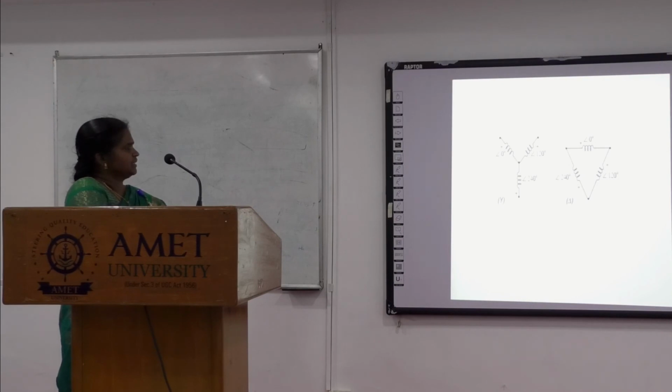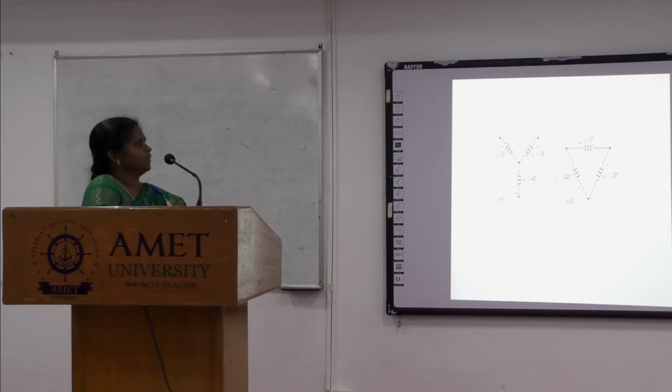So this is the star connection. Here this is the first phase, second phase, third phase; three phase windings are connected. In a three-phase winding, the three windings are displaced by 120 electrical degrees. The second one is called delta connection. In delta connection, it forms a closed mesh.